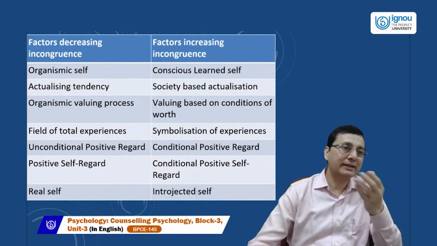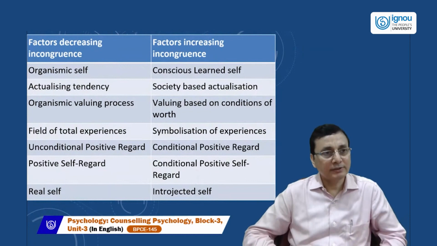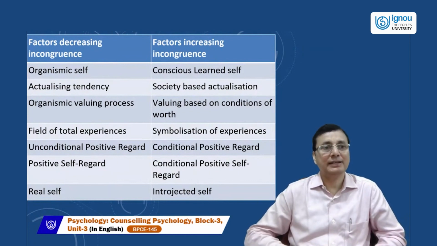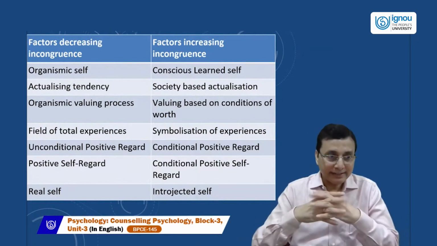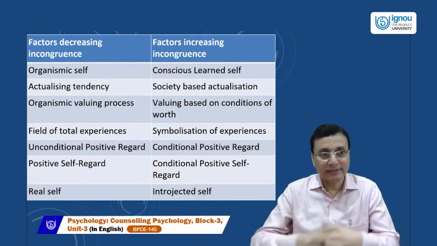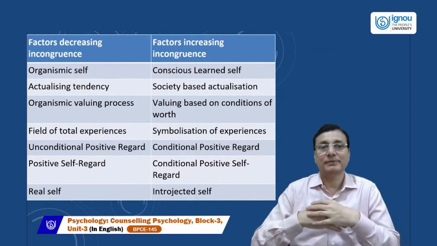There are certain factors which can decrease incongruence: focusing on your organismic self-actualizing tendency, organismic valuing process, field of total experience, unconditional positive regard, positive self-regard, and focus on the real self.